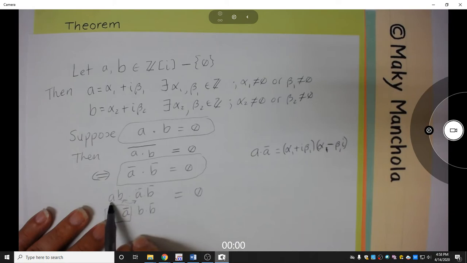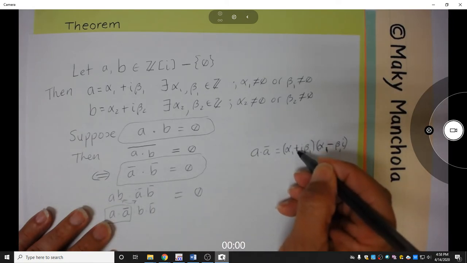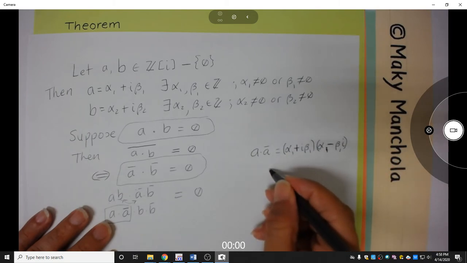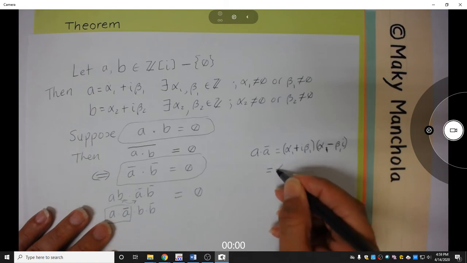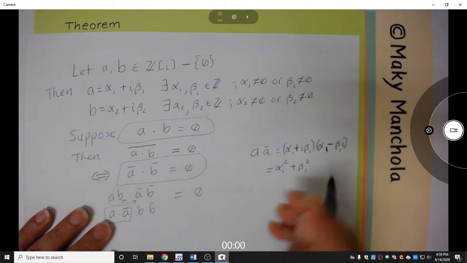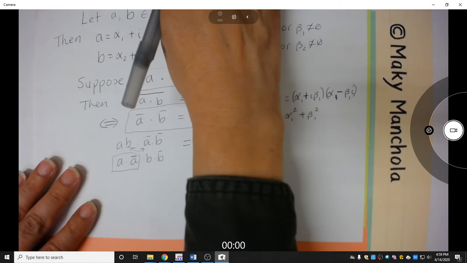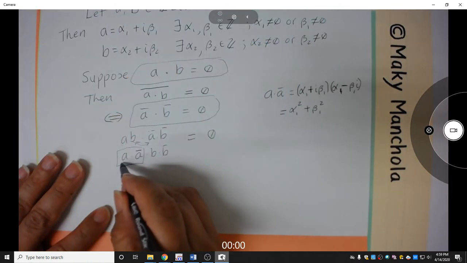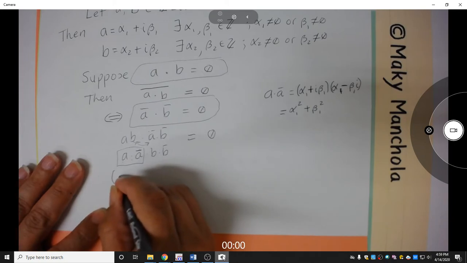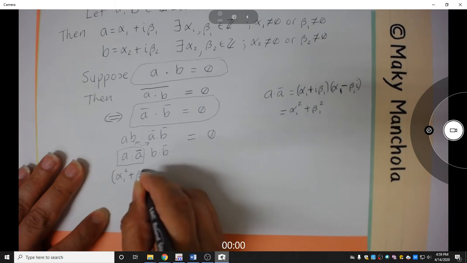Remember that the conjugate of a complex number is just changing the operation. So here the operation was addition, the conjugate will be subtraction. Observe that that is simply alpha 1 squared plus beta 1 squared. So I find a times the conjugate of a to be alpha 1 squared plus beta 1 squared.